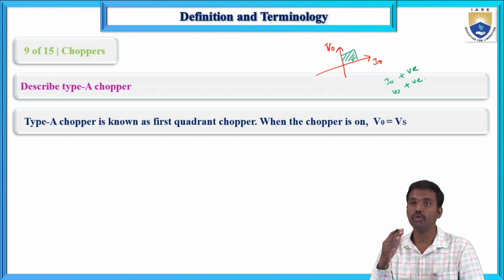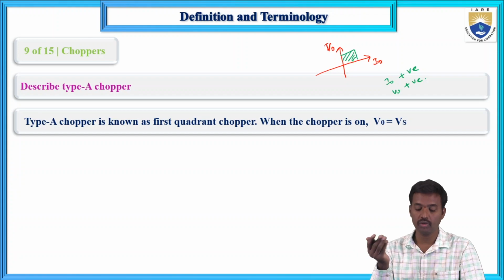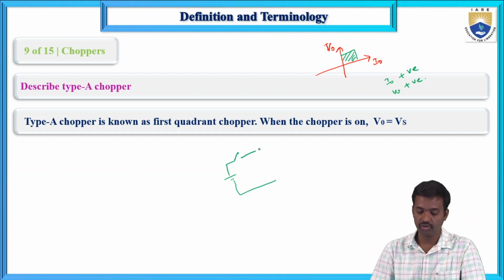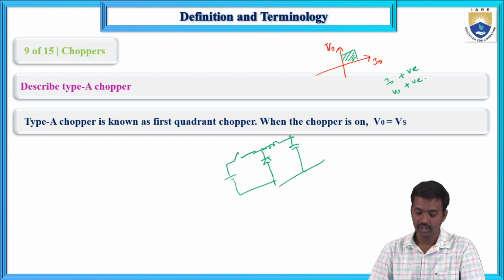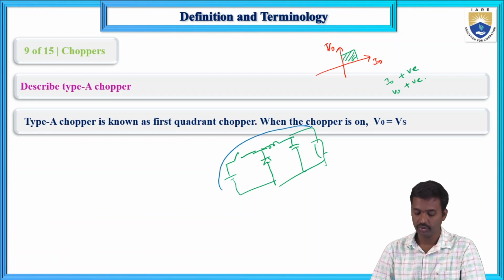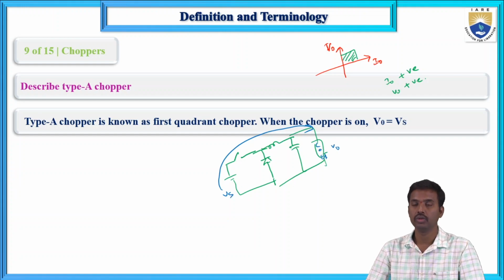Here is the supply voltage, a switch, a freewheeling diode, the inductor and capacitor, and the load. Power and current flow from the source Vs to the load.